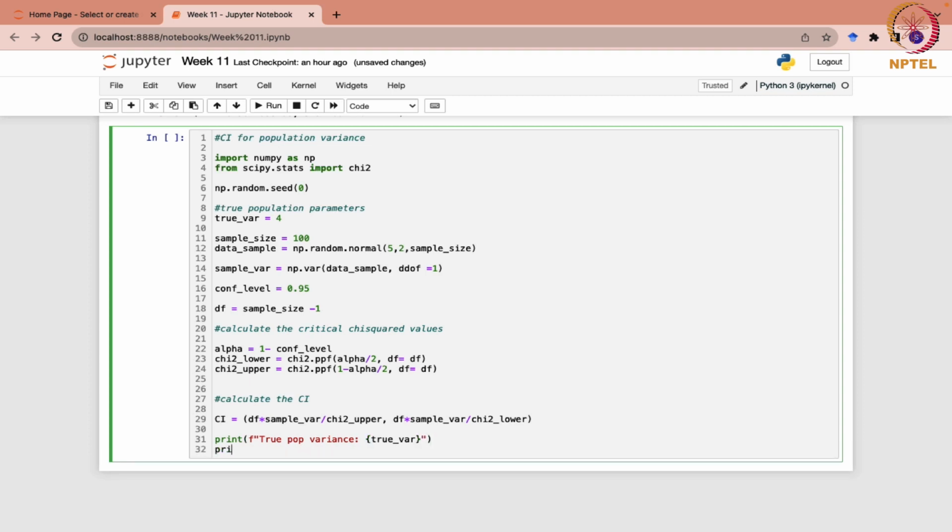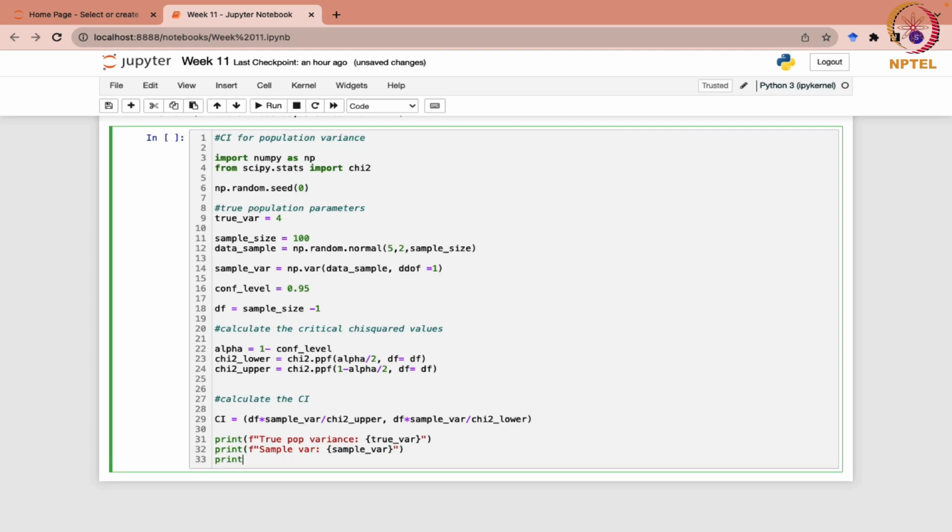Now we want to print the sample variance, which is sample var. And next, finally, is the confidence interval.